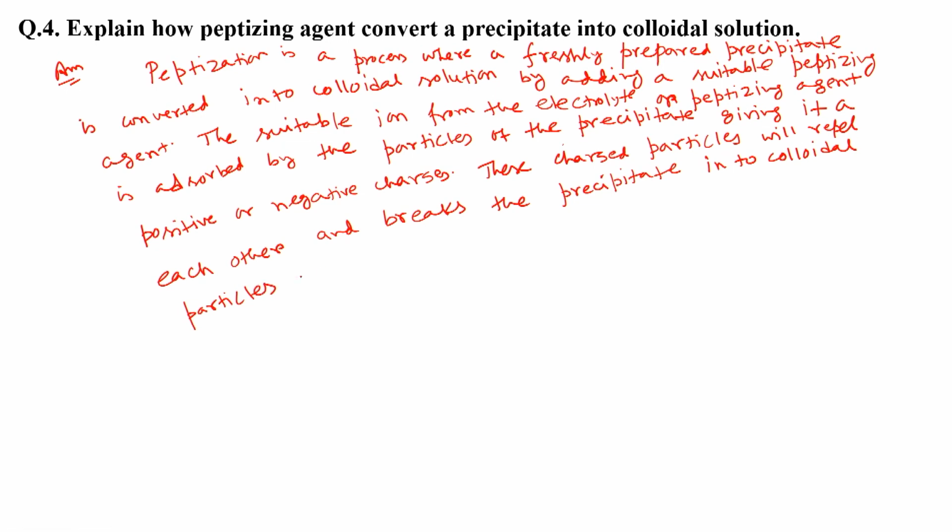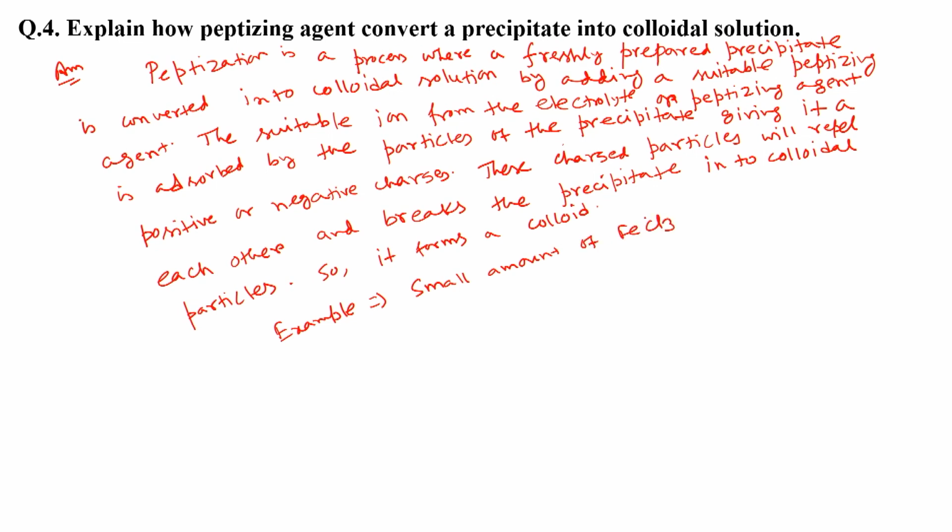So it forms a colloid. Example is, we just discussed, a small amount of FeCl3.